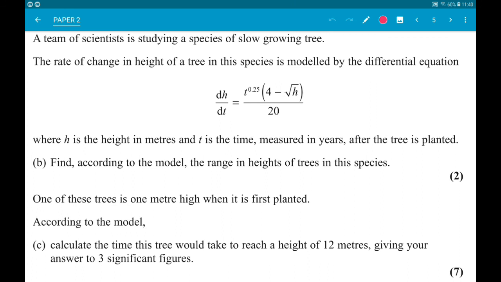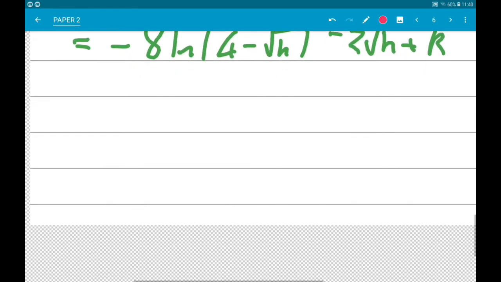Alright, so let's think about it. So, we have the rate of change of the height of the trees. Now we know when a tree is a seed, its height is 0. What about its max height?